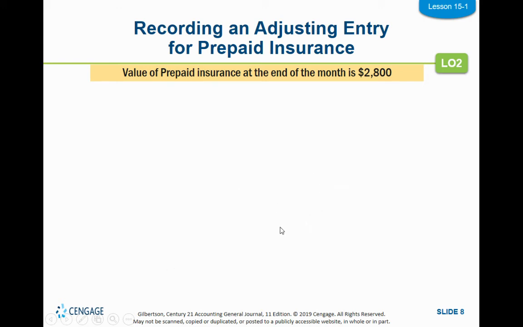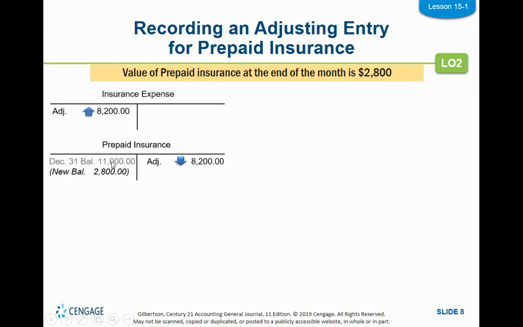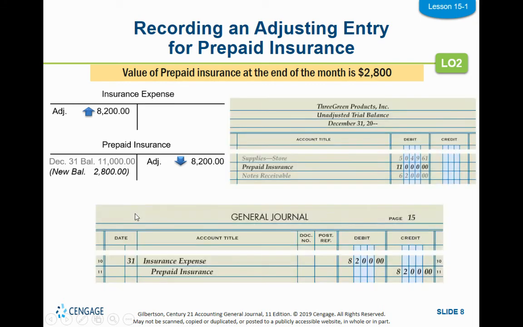Then we're going to adjust prepaid insurance, just like we did first semester. This is telling us that the value of prepaid insurance at the end of the month should be $2,800. When we look at our ledger, the balance of prepaid insurance is $11,000. So we have to make it show $2,800. 11,000 minus 2,800 is 8,200, so we have to do that adjustment of 8,200.